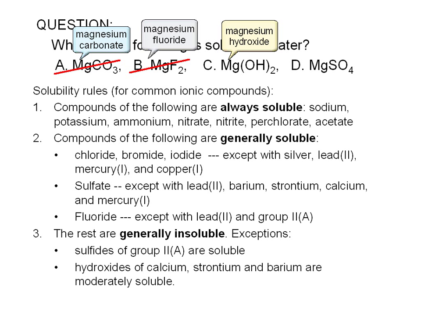It is not an exception. It is not a sulfide. It is not a hydroxide, but the cation is not calcium, strontium, or barium. Therefore, we conclude that magnesium hydroxide is insoluble in water. Choice C is also incorrect.